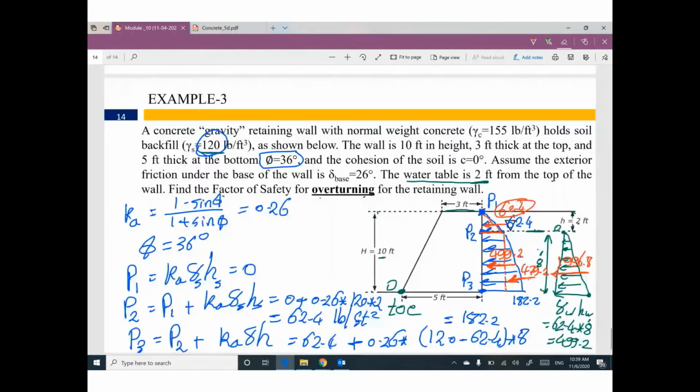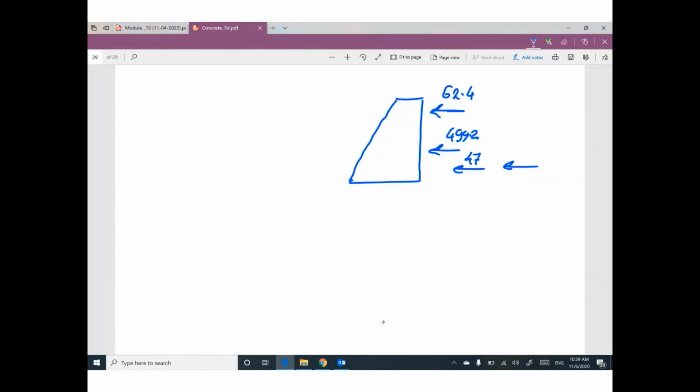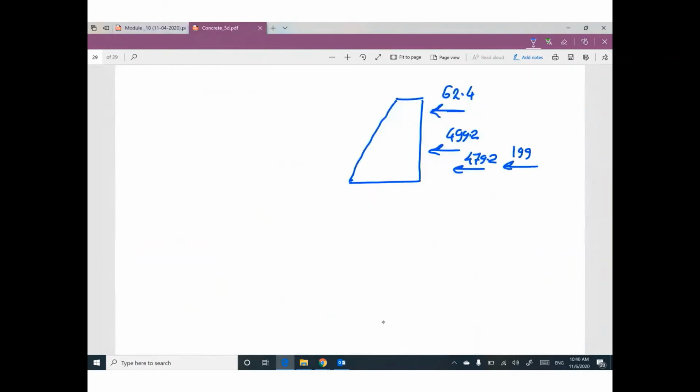This one for the little triangle, 479.2. That one from the water, 1,996.8. All of these forces are trying to cause overturning.